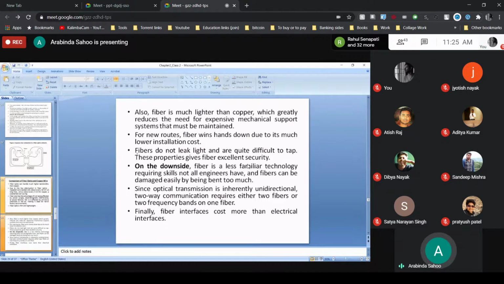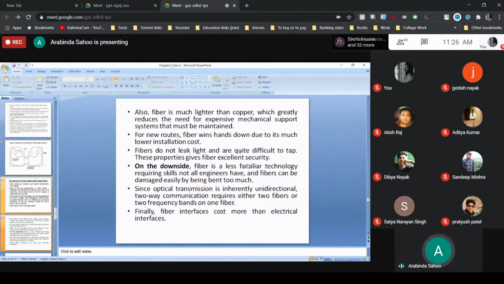And the next advantage is fiber does not leak light and is quite difficult to tap. If you consider the security purpose, fiber optics is more secure as compared to your copper wire. Fiber does not leak light, but in the case of copper wire, as it is in electromagnetic form, it radiates.